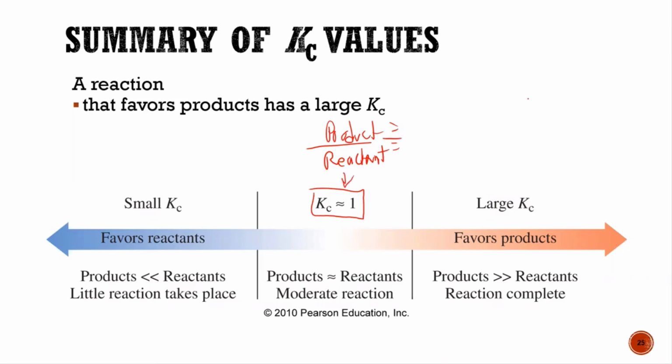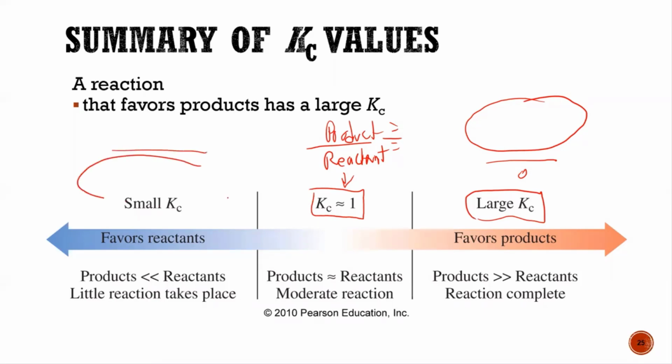But if my numerator is much bigger than my denominator, then I get a large Kc and have more products. If my denominator is a lot bigger than my numerator, well, that's because I have more reactants and I'll get a really small number.